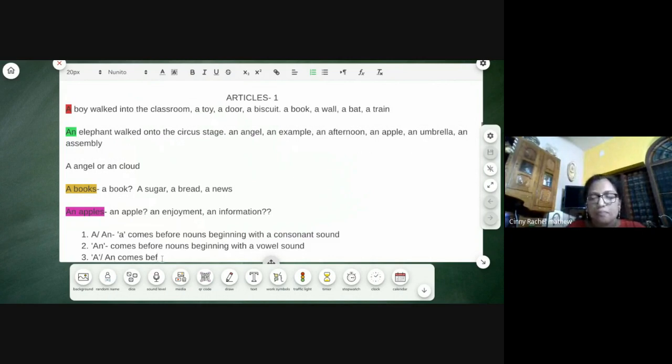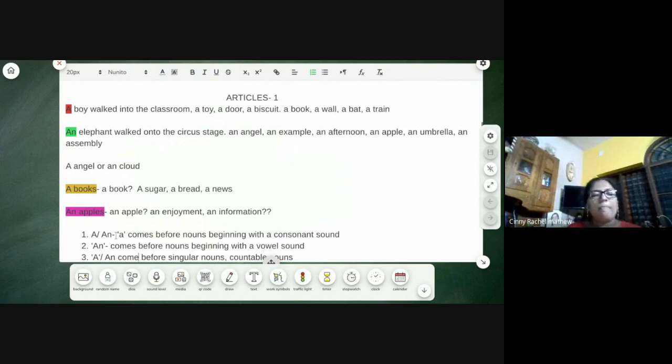Comes before singular nouns. Before singular nouns and countable nouns. That is almost the same, countable nouns. So singular or countable nouns. A and an come before singular nouns, countable nouns.